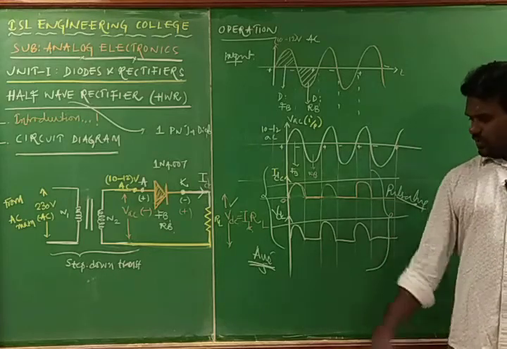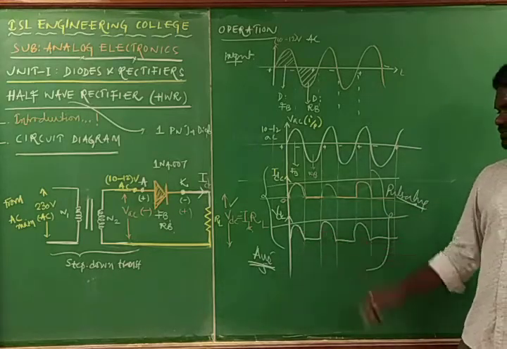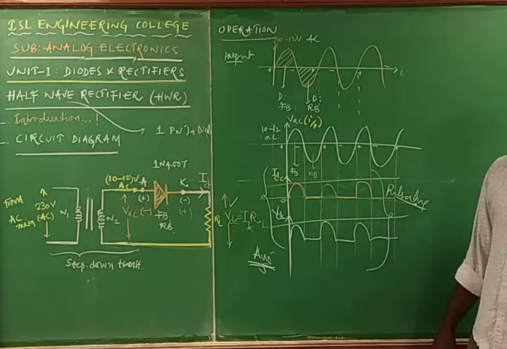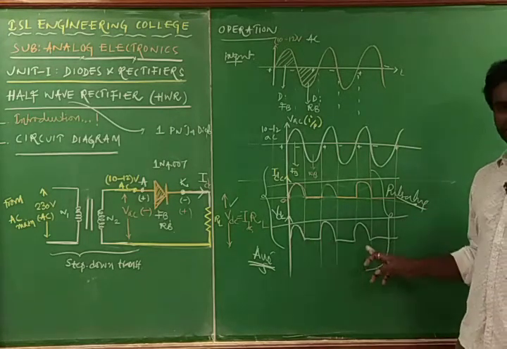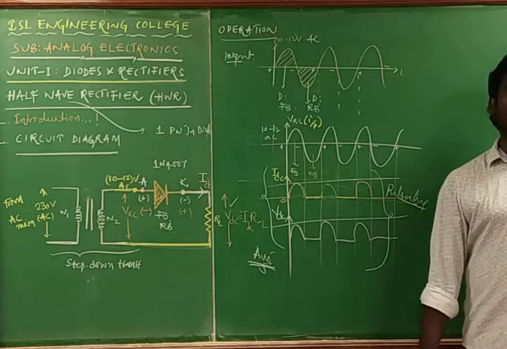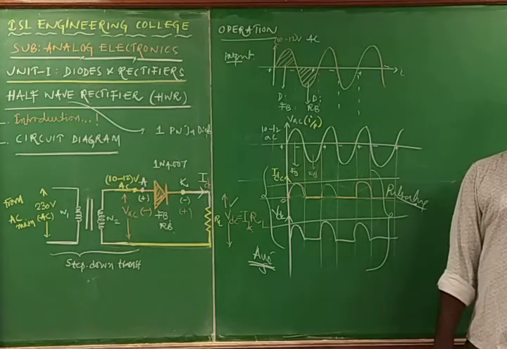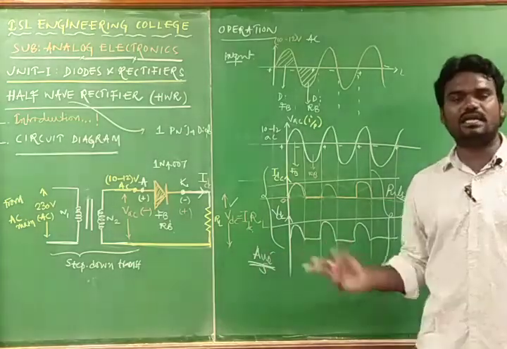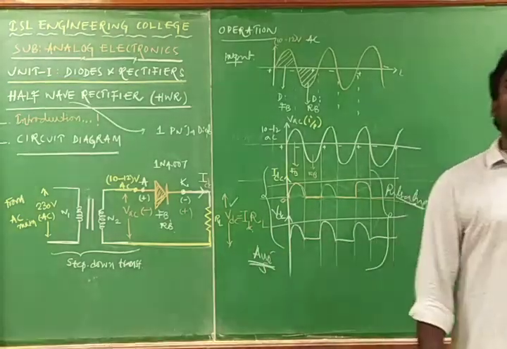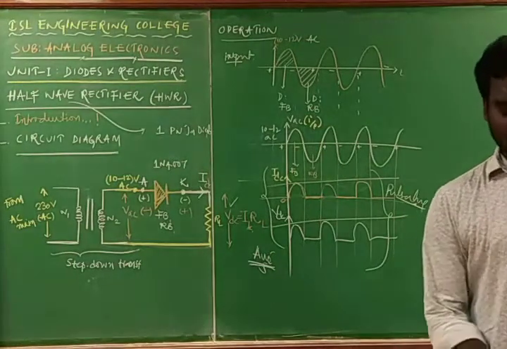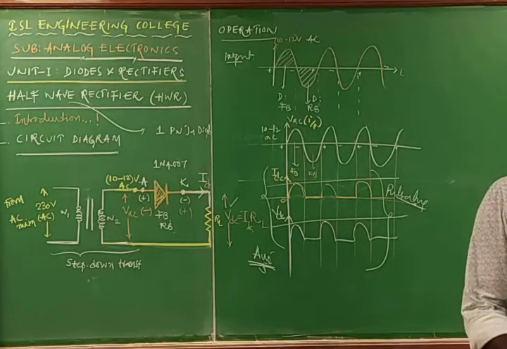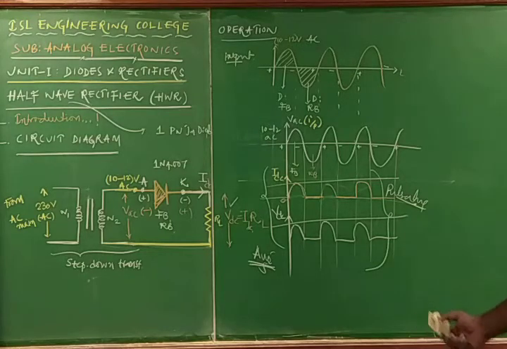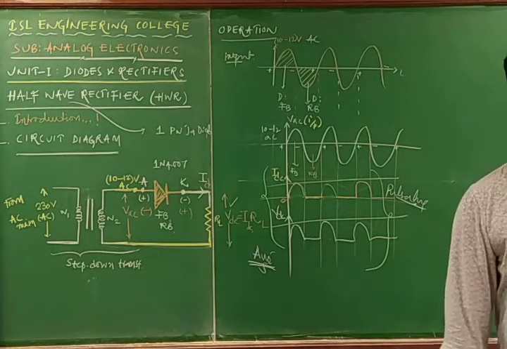Then the RMS value tells how the signal varies with respect to time. Next is ripple, the amount of AC present in the DC. Efficiency is how effectively the rectifier converts AC to DC. And next is percentage regulation, which will be discussed in tomorrow's class.